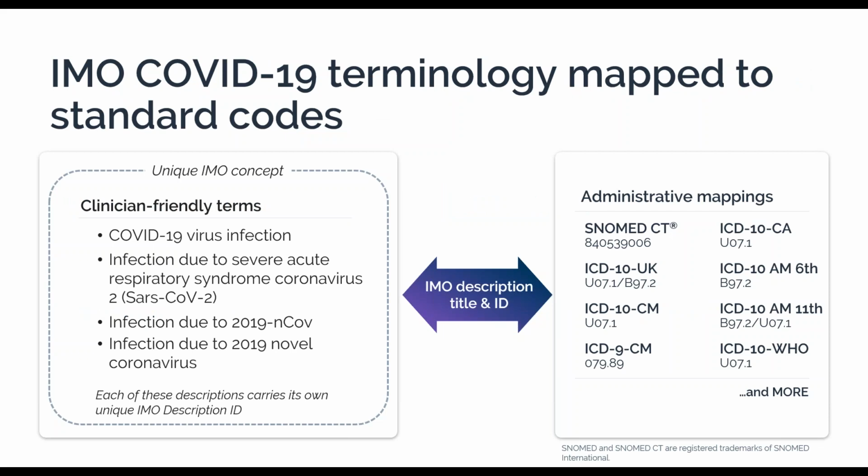So prior to WHO activating U07.1, the code map was B34.2, coronavirus infection unspecified site, for the WHO, UK, CA, and AM maps.